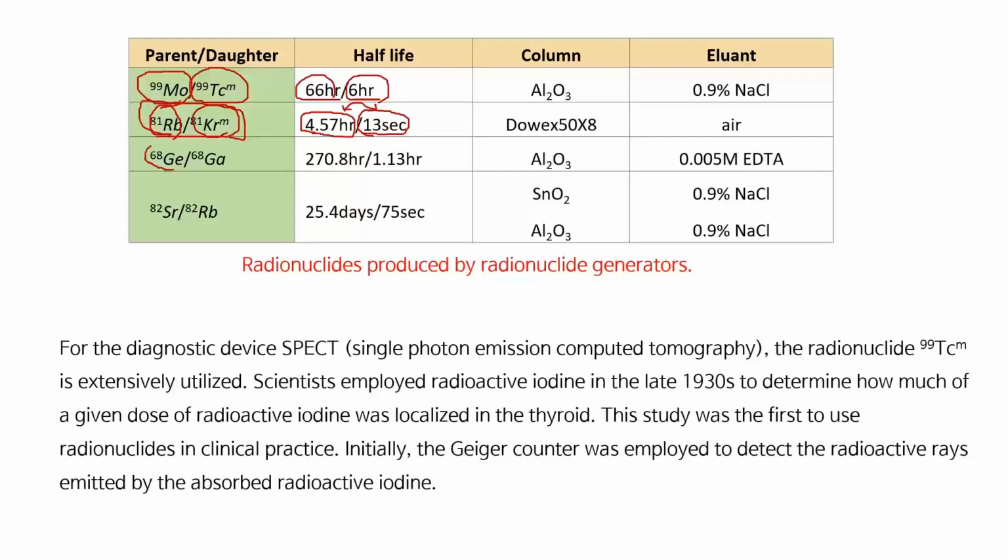And Ge68's half-life is 270 hours, but the daughter nuclide Ga68 is just 1 hour. Okay. And Sr82, its half-life is 25 days, but the daughter nuclide Rb82 has just a very short half-life of 75 seconds.